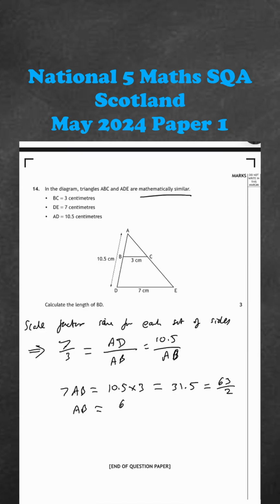We get AB equals 63 over 14, which is the same as 9 over 2, because they both divide by 7, which is the same as 4.5. Therefore, BD equals 10.5 minus 4.5. 6 centimetres is our answer.